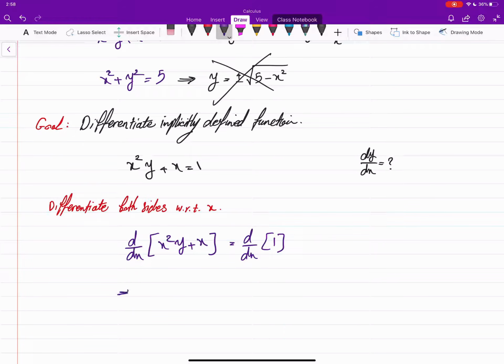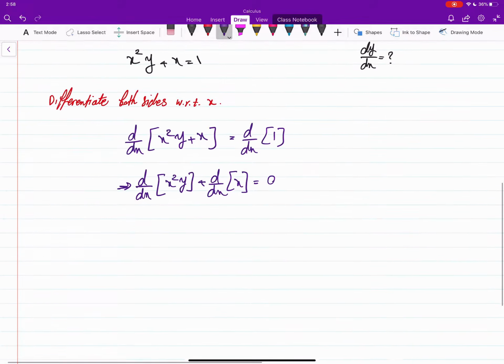And then we'll apply the differentiation rules. On the right hand side, the derivative of a constant function is 0.